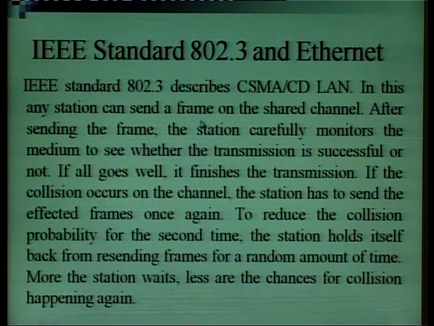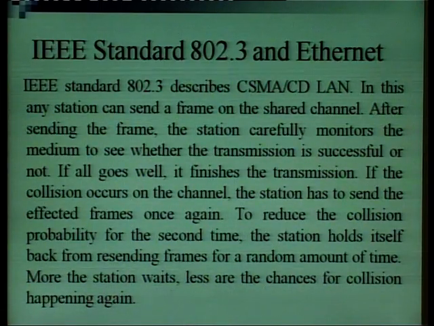After sending the frame, the station carefully monitors the media to check whether the transmission is successfully completed or not. If the transmission is completely done, that means all goes well and it finishes the transmission.